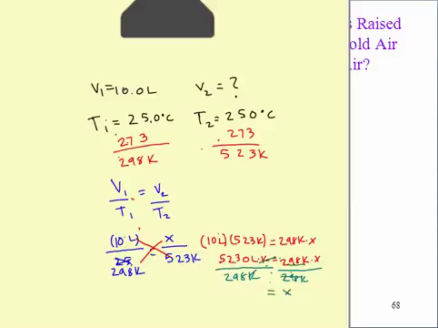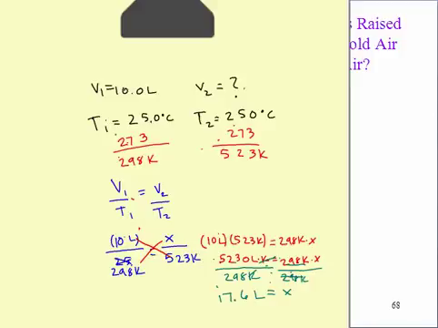So I end up with X on my right-hand side, and then I'm going to take 5,230 and divide it by 298. When I do, I get an answer of 17.6, and my units are liters because my liters did not cancel out, and that's what I want. I want units of liters.